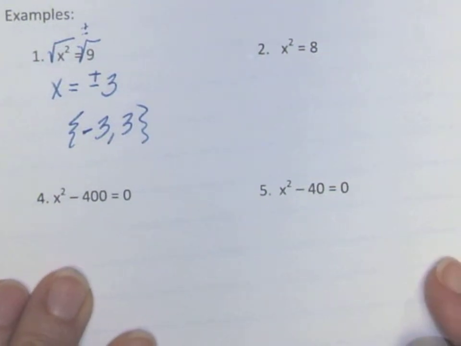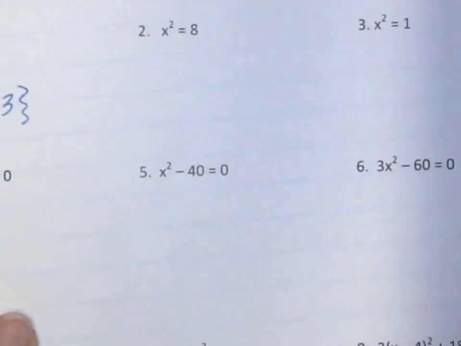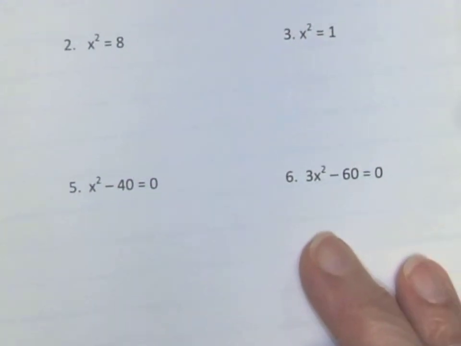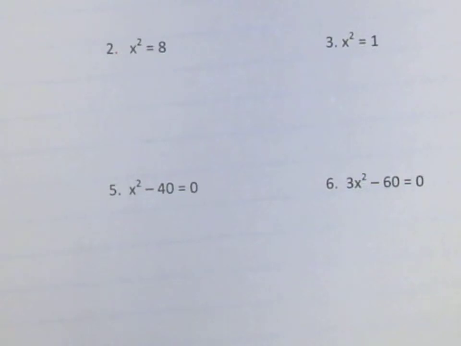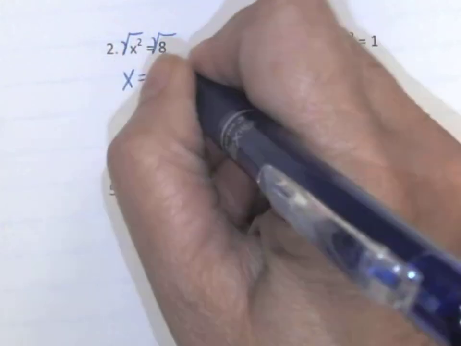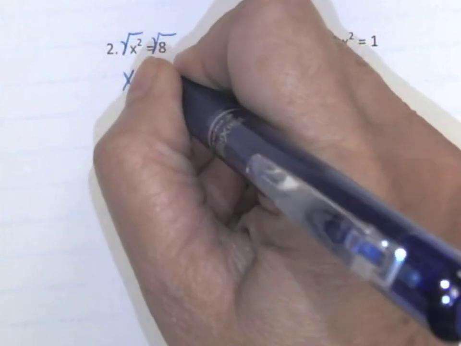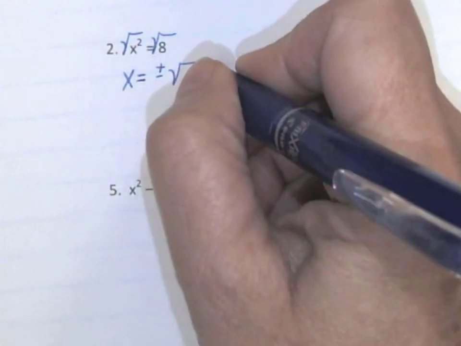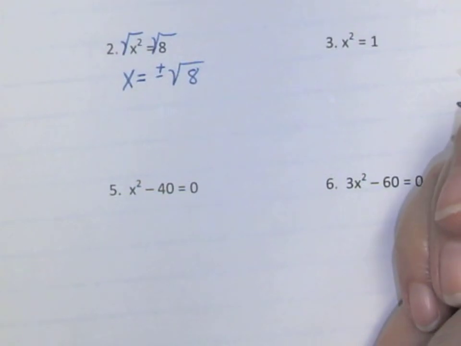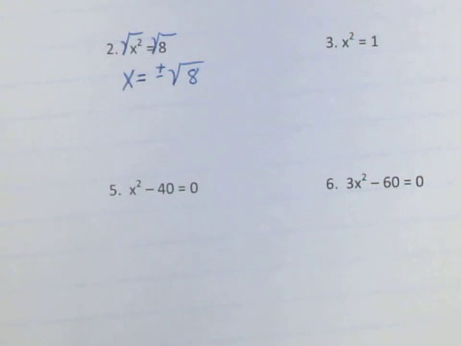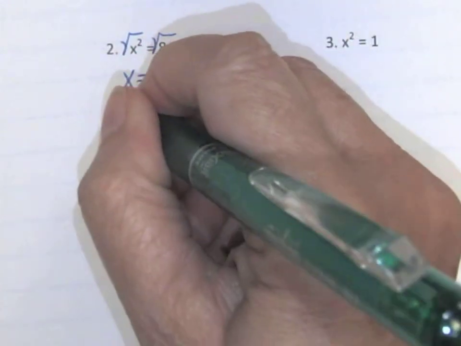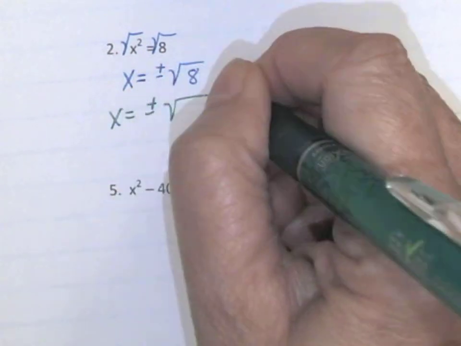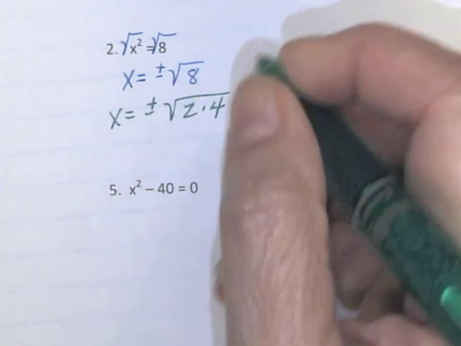For number 2, let's do it the same way, except this is where we use yesterday's lesson of simplifying radicals, because 8 is not a perfect square. So let's take the square root of each side. x equals the positive or negative square root of 8, but that's not a perfect square, so let's simplify it. What can we split 8 into? Can't we split it into 2 times 4?